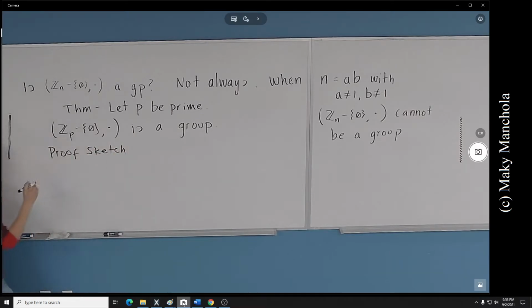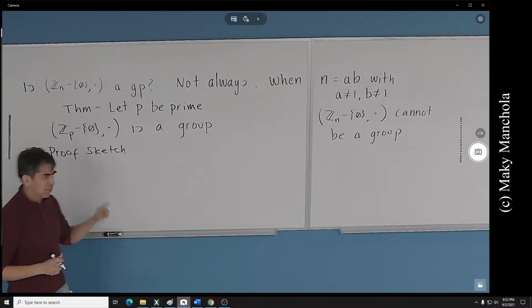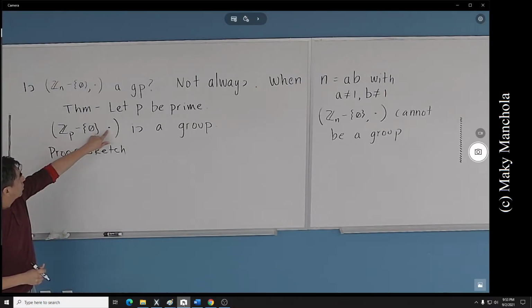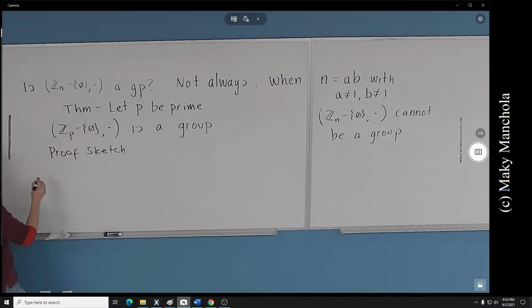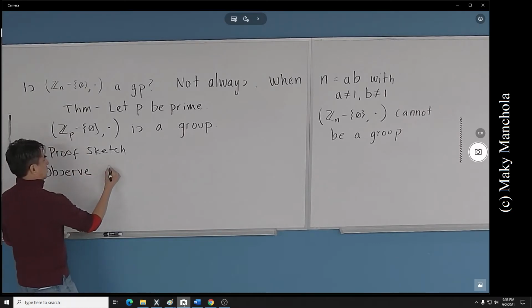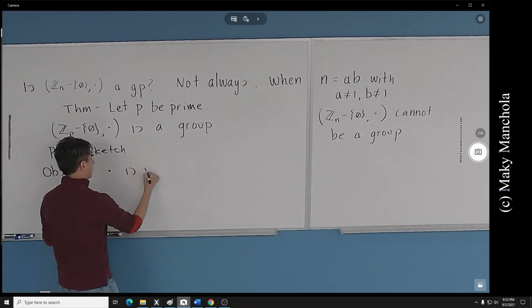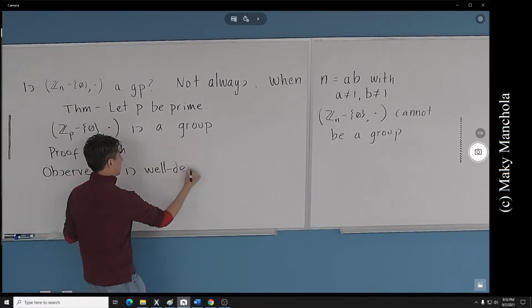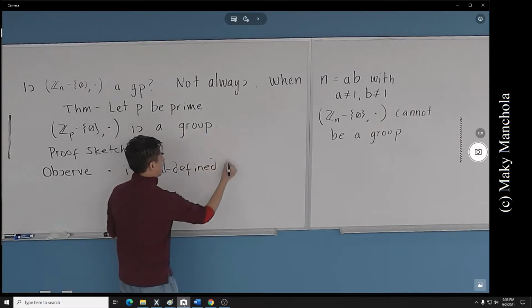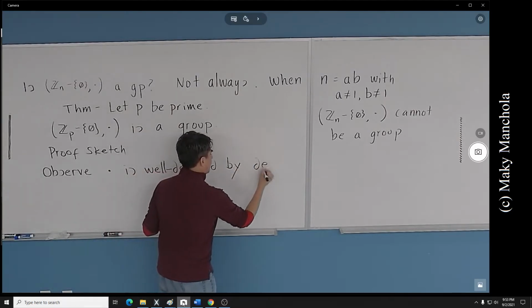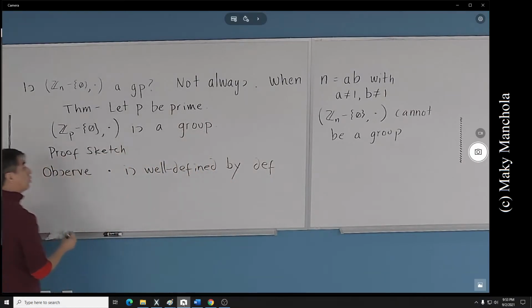First order of business, establish that this product is a binary operation on Zp excluding 0. So observe, the dot is well defined by definition of multiplication modulo p.